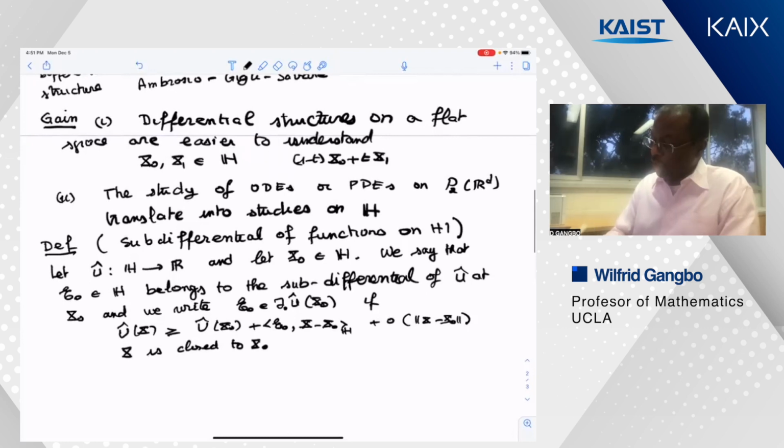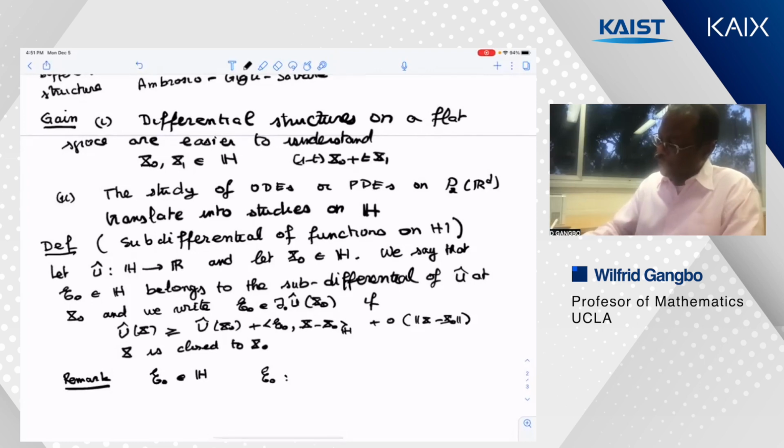So let us observe that zeta naught being in H means that zeta naught is a map from (0,1)^d into R^d such that the integral of its squared norm is less than infinity.